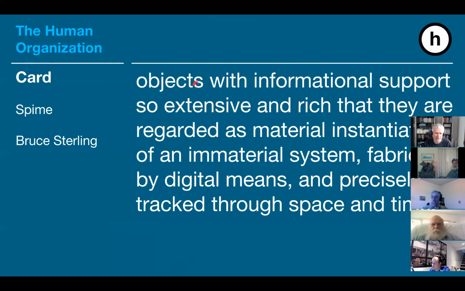So there are these objects we're looking at, and they provide this informational support. And a card, as a metaphor, is the instantiation of something that's happening in an immaterial world. Again, it's digital, and we track it through space and time, because these cards appear in certain spaces at certain times.